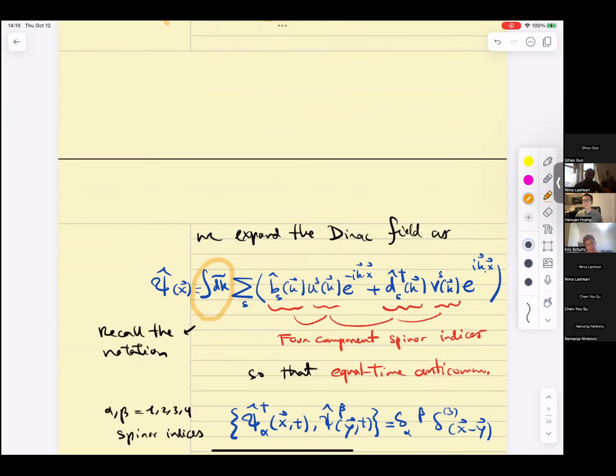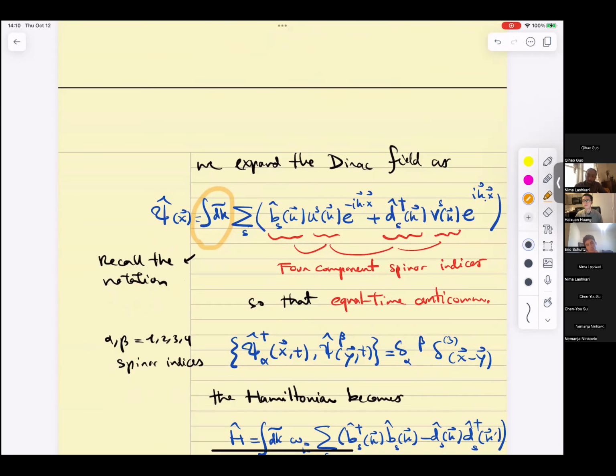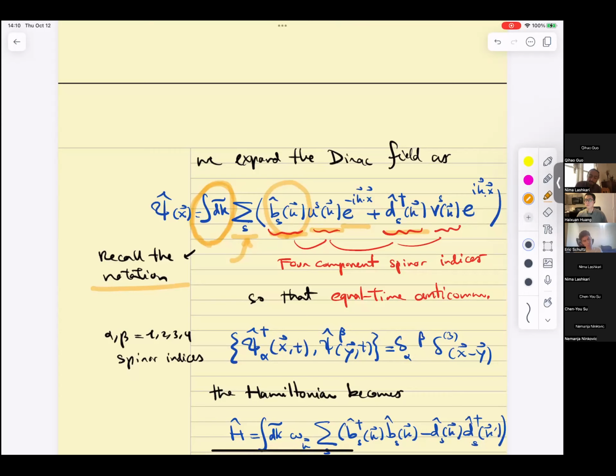So in the expansion of the Dirac field, this is what we did for the expansion. There is an integral, recall the notation, the Lorentz invariant integral. There is a sum over spin. We put B of s of k, there is u of s of k, which are the functions that were supposed to solve the Dirac equation, e to the power of minus ikx, and D dagger of s, v of s of k.